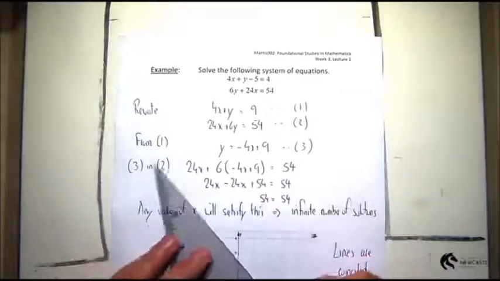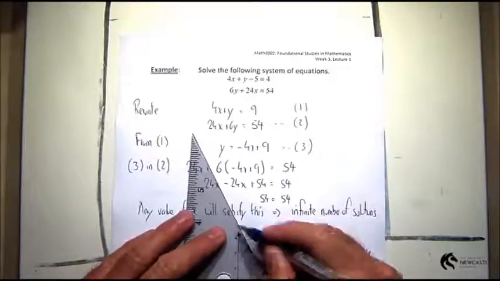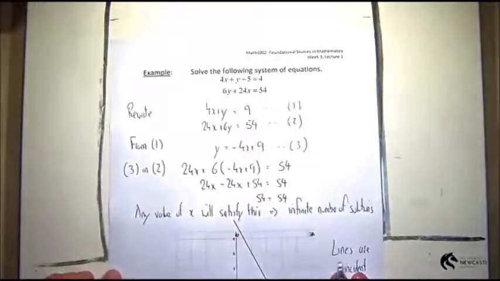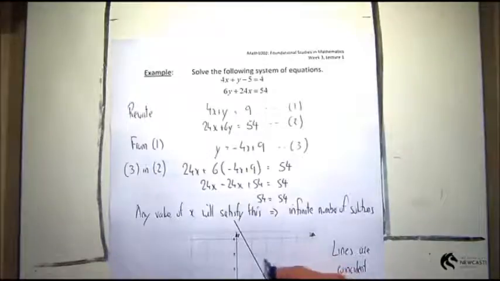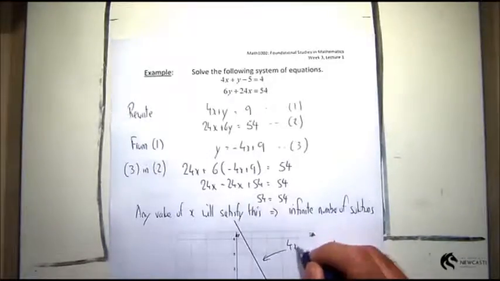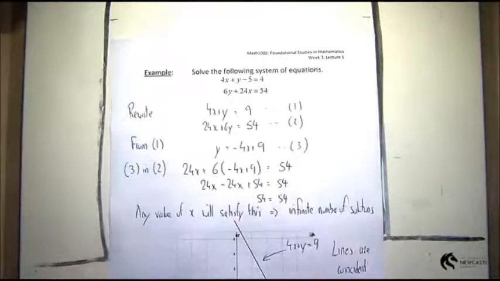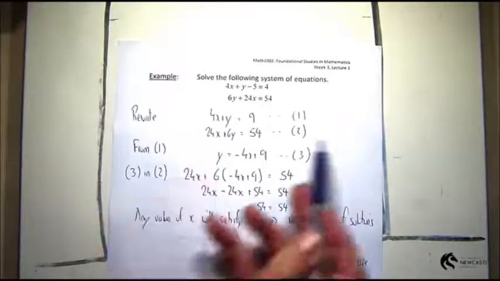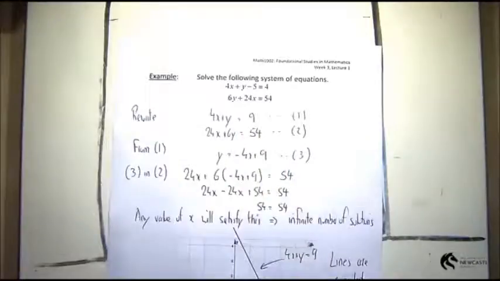It goes like this, something like this it looks like. It's even steeper than that, but anyway. 4x plus y is equal to 9. Every value of x and y on that line will satisfy both equations. So the lines are coincident.